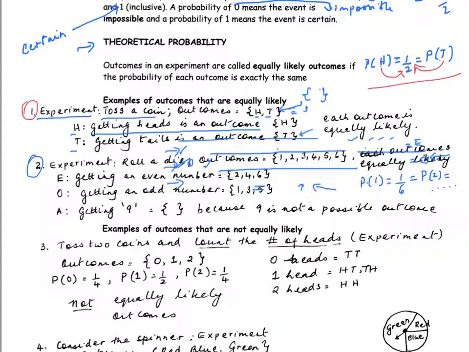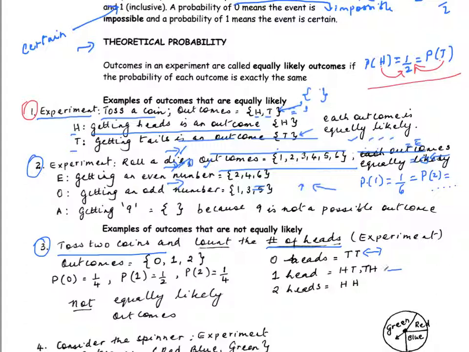Examples of outcomes that are not equally likely, let's look at example 3. We toss 2 coins, and now we're going to observe the number of heads. That is what we're interested in. So what are the outcomes of this experiment? The outcomes of this experiment are 0, 1, 2, because the number of heads is 0 when we have two tails after tossing two coins.